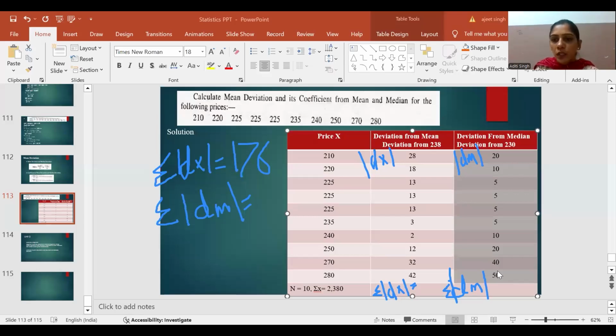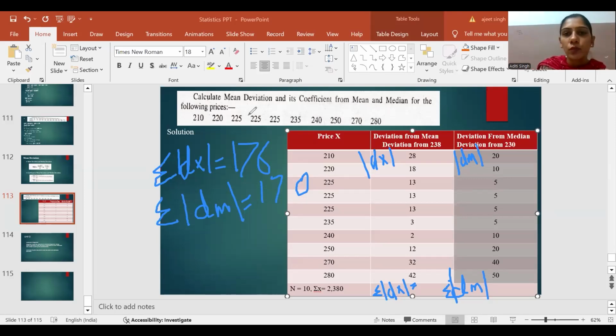So what are the values? 20 plus 10 plus 20 plus 10 plus 20 plus 40 and plus 50. It's 170. So the value is basically 170. Okay, so we have calculated deviation from mean and deviation from median. The value of deviation from mean is 176 and the value of deviation from median is 170.